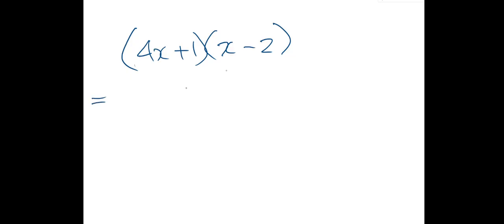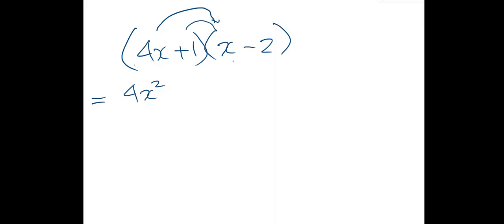Okay, one more. Four x plus 1, x minus 2. Again, nothing should really scare you. First, 4 times x is 4x squared. X times x is x squared.